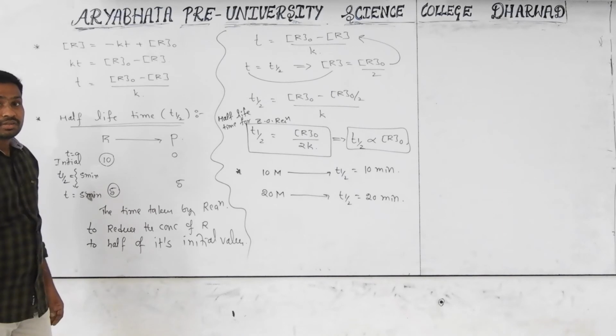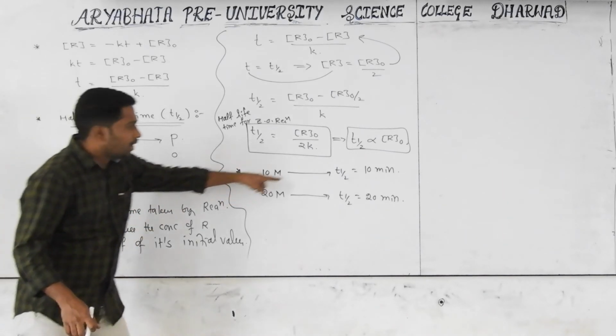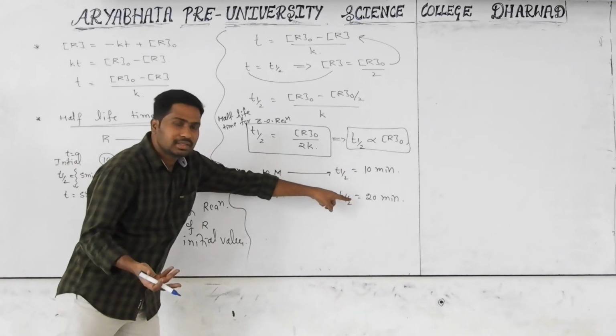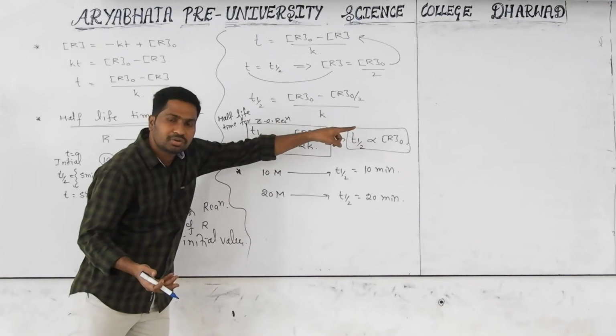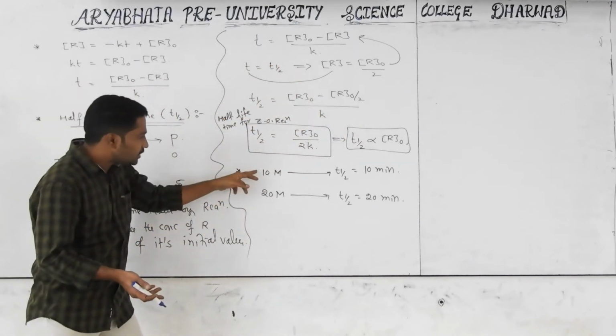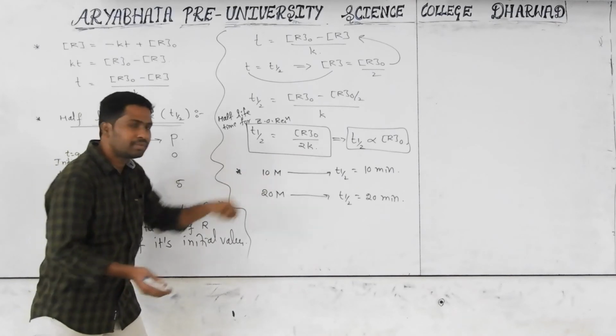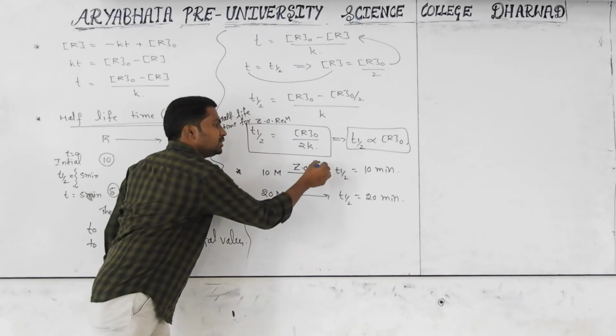Zero order. Why? Because the initial concentration is increasing and half-life time is also increasing. So that is the meaning of half-life time being directly proportional to initial concentration of the reactant. The question is like this only. If the initial concentration of the reactant is increasing and half-life time is also increasing, immediately we can tell it is a zero order reaction.